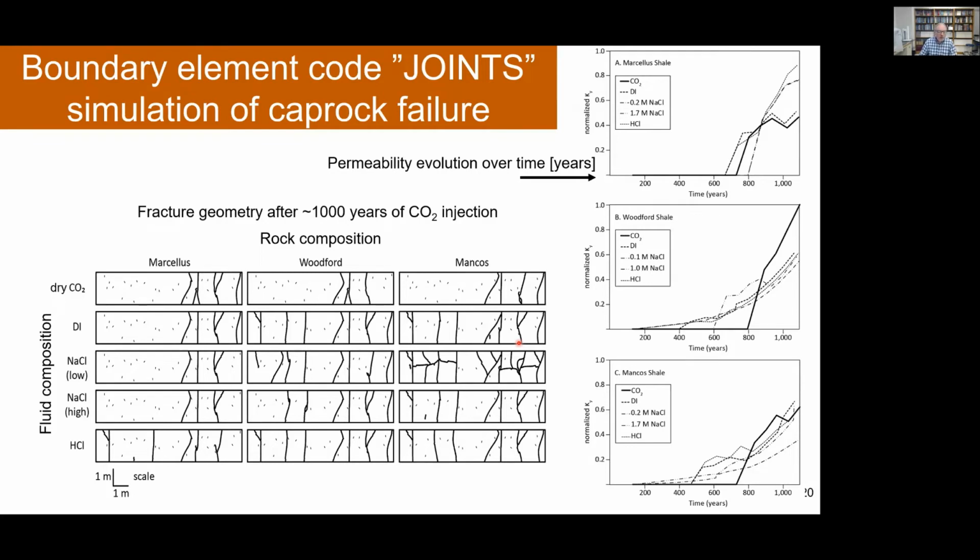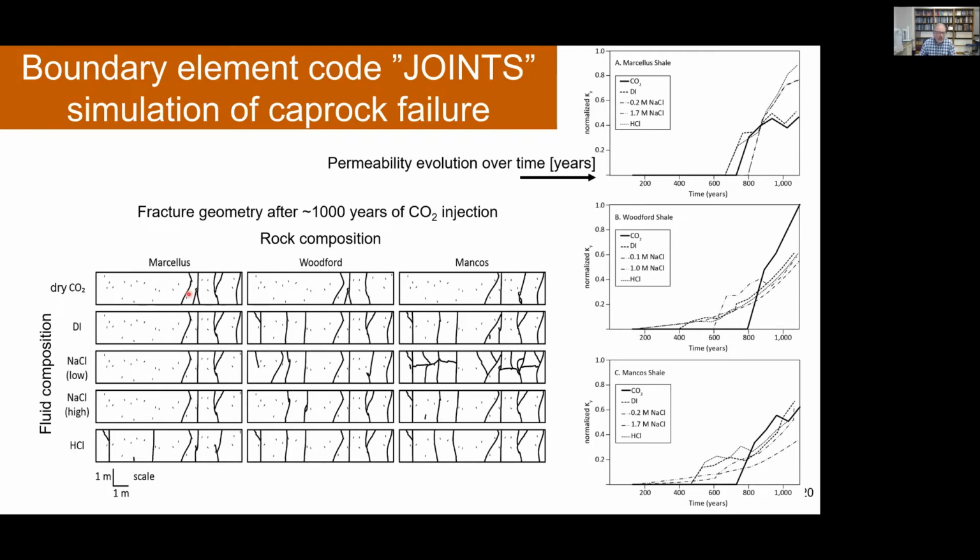We have done this using the parameters of our laboratory results for the different rock types and for the different fluid compositions. You should envision this as a cross-section view of the caprock, with the little seed cracks that we need for this boundary element code. And then we watch how those fractures nucleate from the base and migrate upward from the bottom up. This is shown here for 1,000 years, and the time scale is not really absolute here.